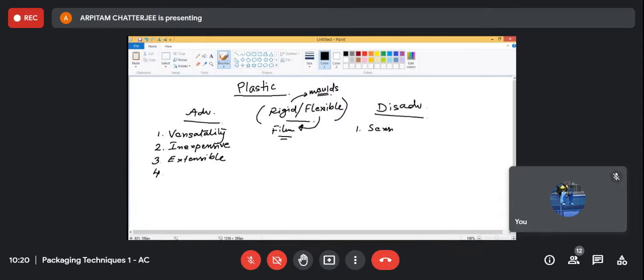If you have a very sensitive material, say very acidic or alkaline material, then it is not generally advised to put it inside a plastic container. Are you getting my point? Yes, sir. Yeah.